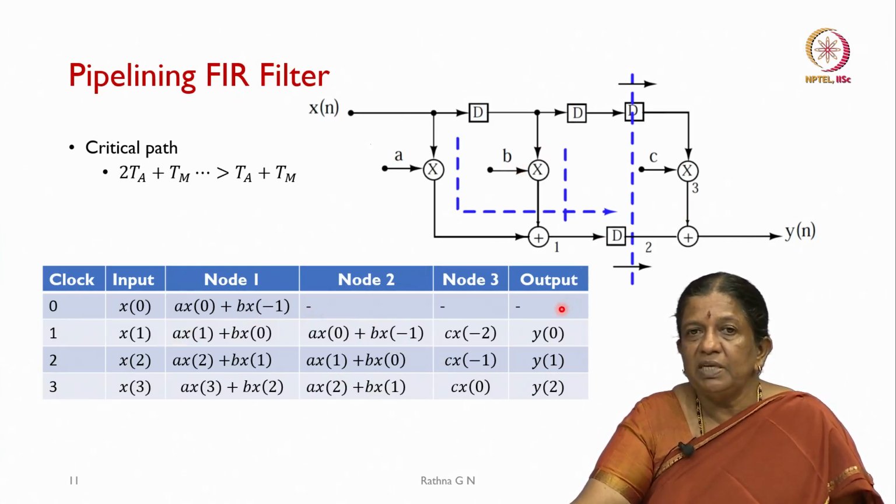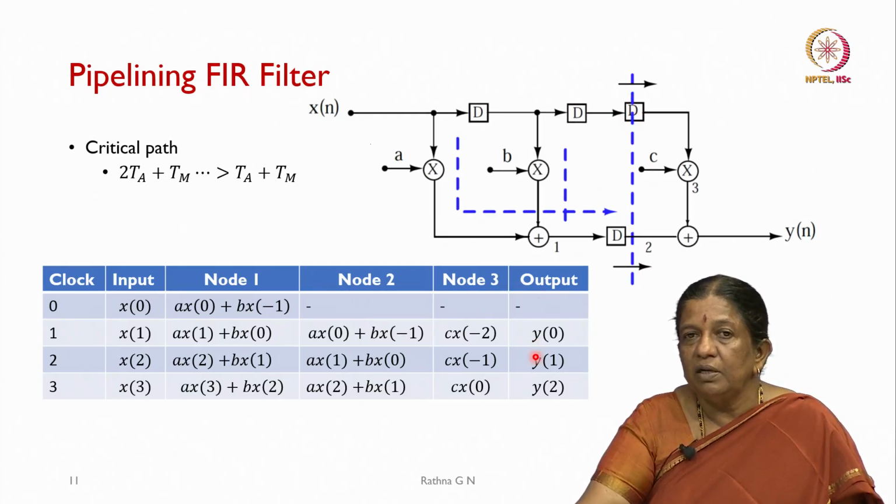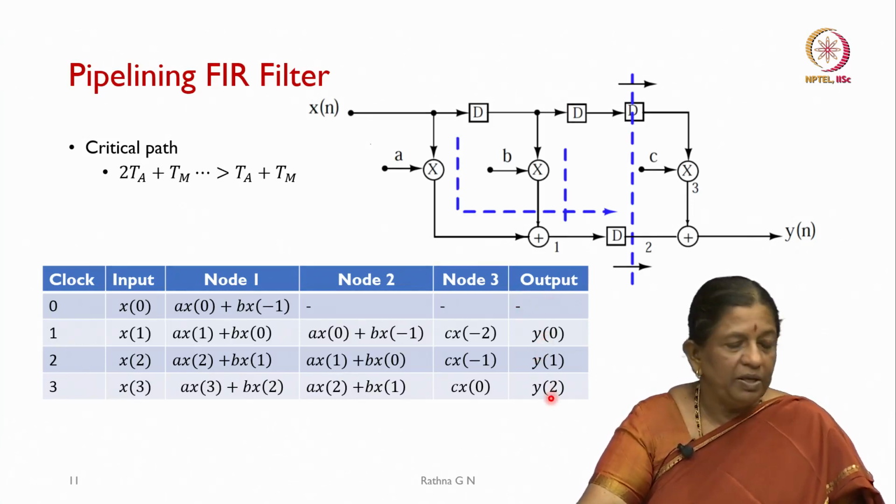Output will start coming from here, y 0, y 1, y 2, y 3, but in this pipeline case, since we have put only one cut set, the delay is going to be 1 clock cycle. So, we will not be getting anything here, it is irrelevant or garbage. So, output starts coming from here.